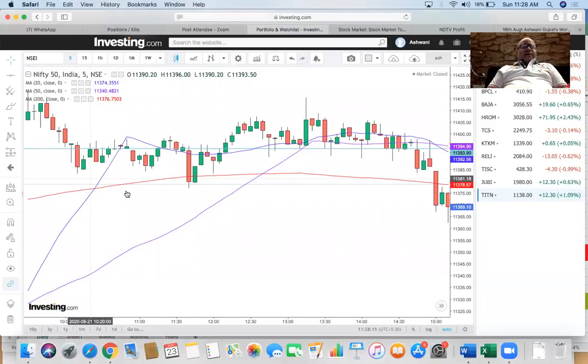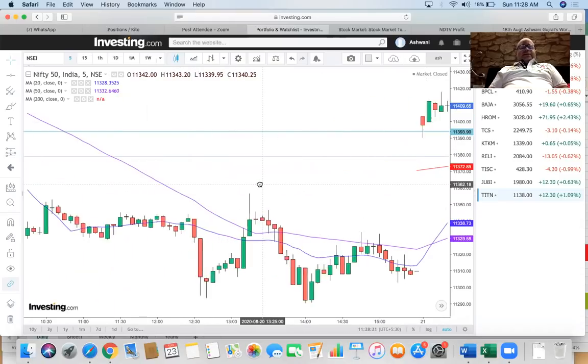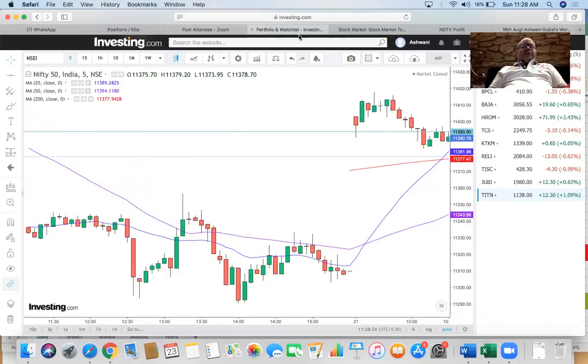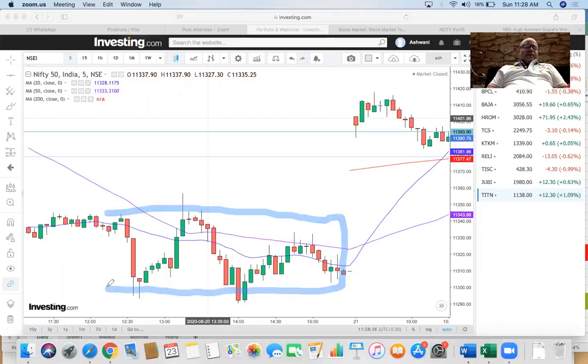This is the congestion on the downside. Again, this is given by Camarilla, and you can see on the chart as well.